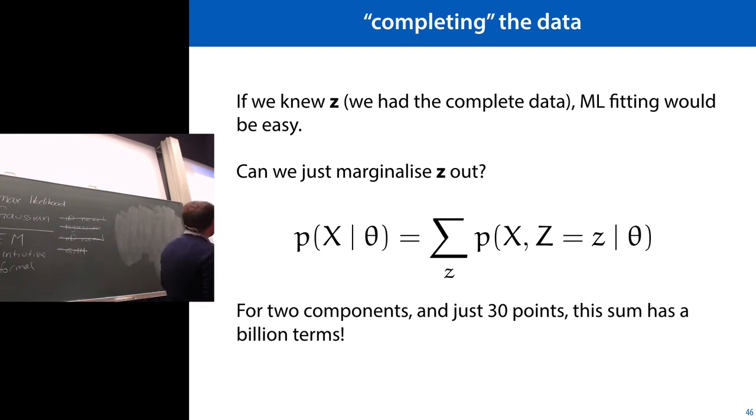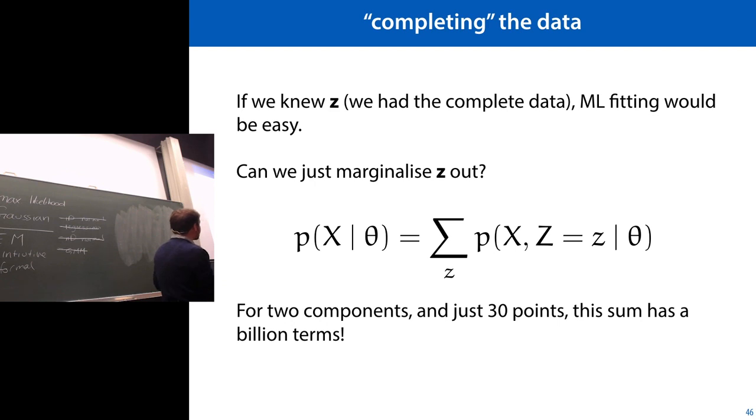The problem is you get this sum. And this z is essentially, let's say you have two components to make it easier, then this z is 1 bit of information per component per x. It's 0 or 1 per component per x that tells you which component you chose.